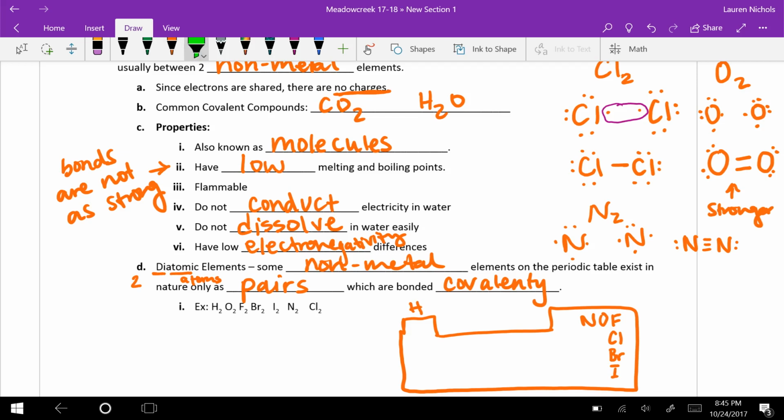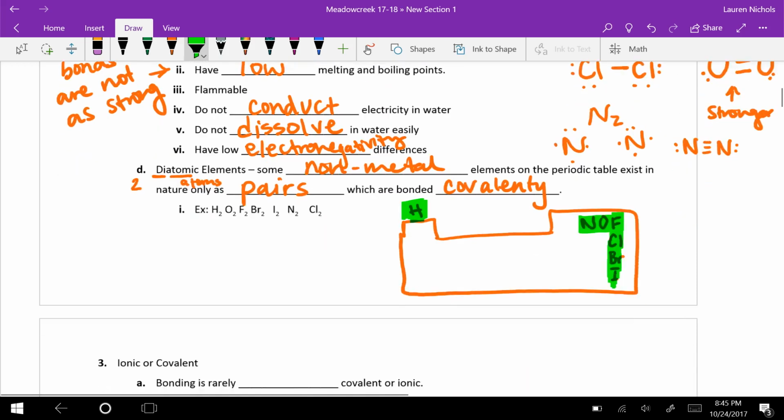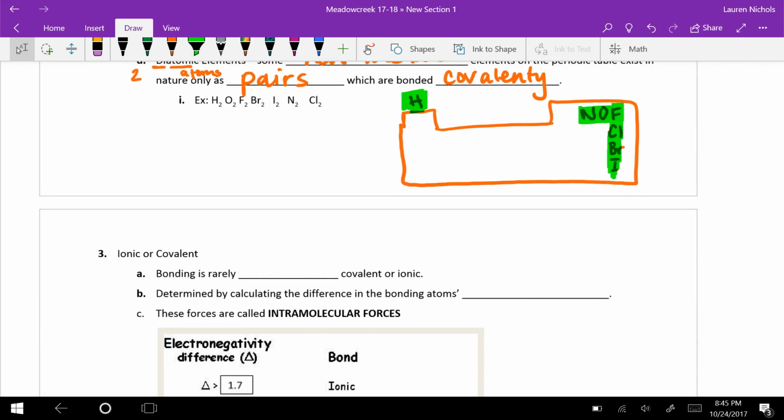So you can draw a 7 on the periodic table and look at 6 of the diatomics, as long as you don't forget about hydrogen that's located over here. So those are just 2 tricks. So either pronouncing it Hofbrinkel, which is, yes, of course, not a word, and it's a little silly, but it is there. And that will be how to remember it.